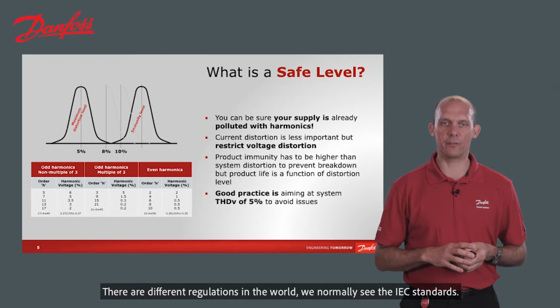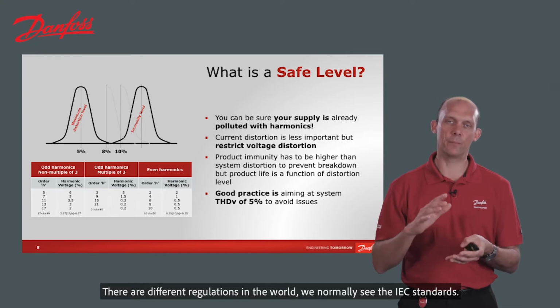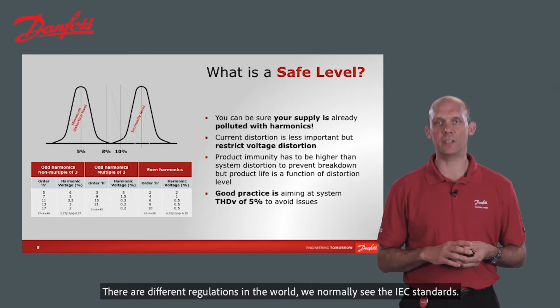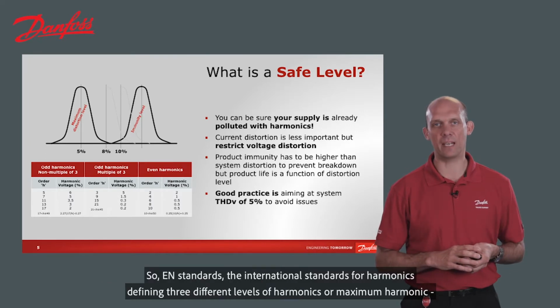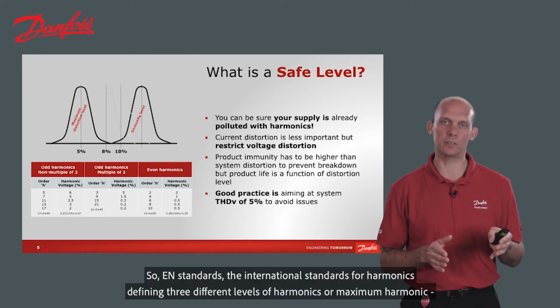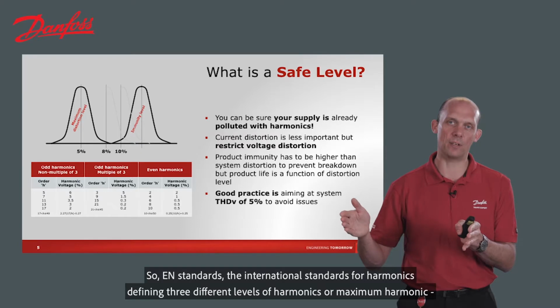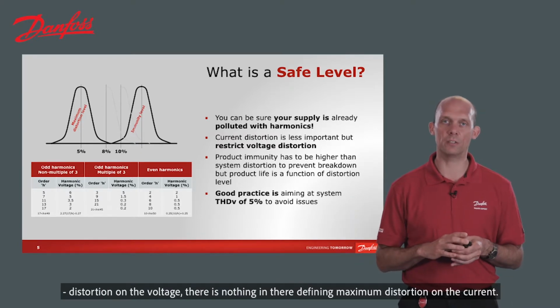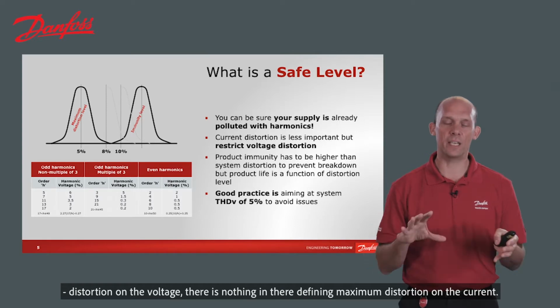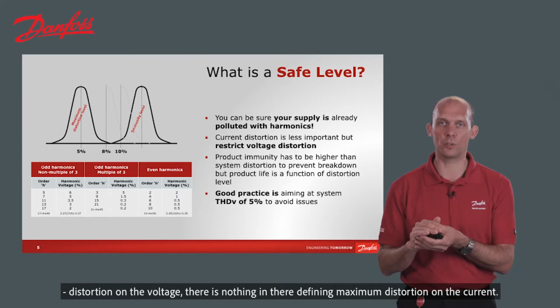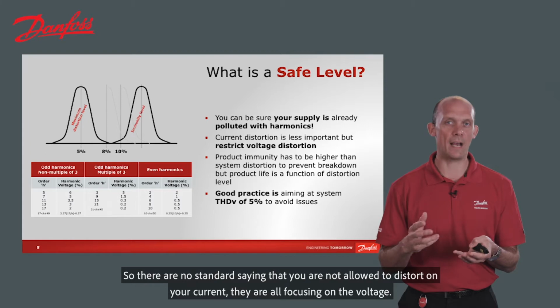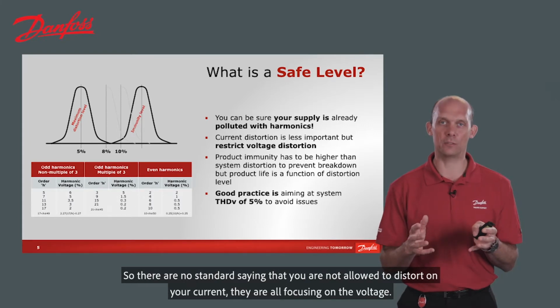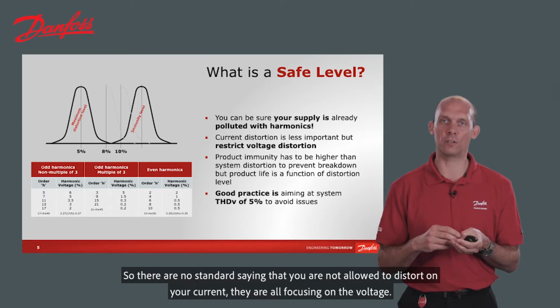There are different regulations in the world. We normally see the IEC or EN standards, the international standards for harmonics, defining 3 different levels of maximum harmonic distortion on your voltage. There is nothing in there defining maximum distortion on the current. So there are no standards saying that you are not allowed to distort your current.